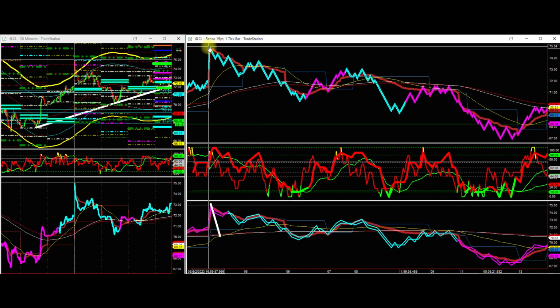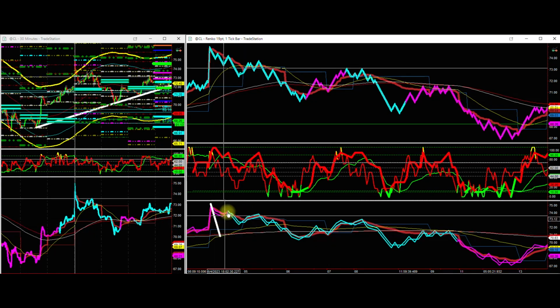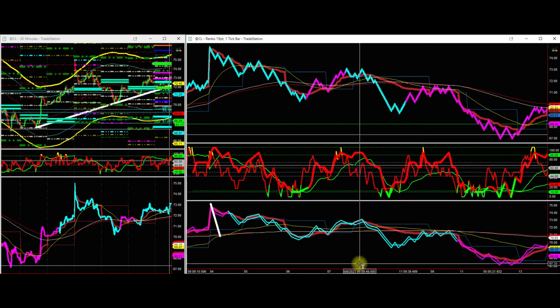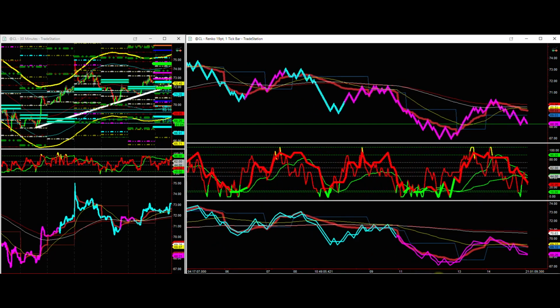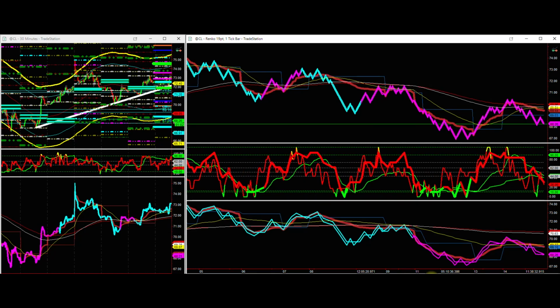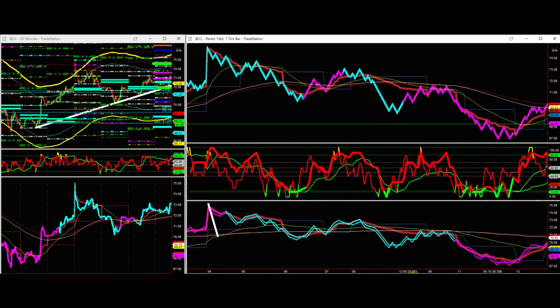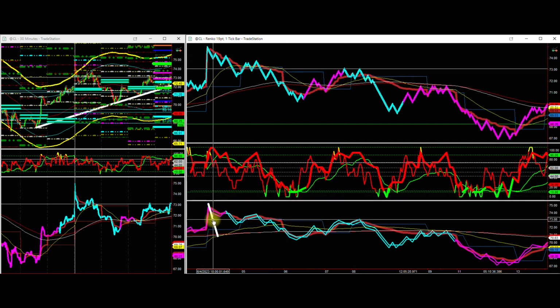Moving average is there, so it's based on VWAP, so that should show you the same data mostly.